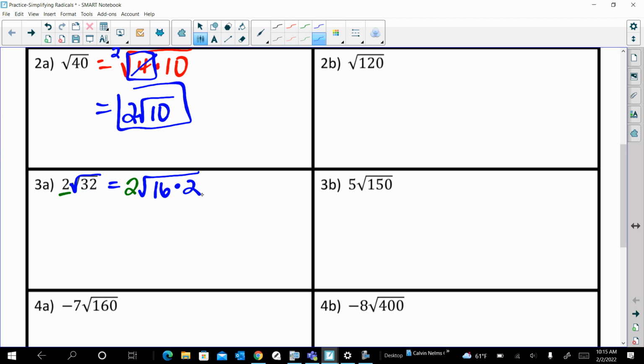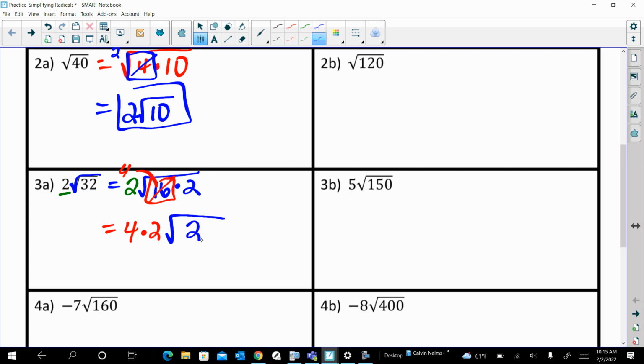Which number is the perfect square? 16. I'm going to box that number. I'm going to cross it out. And what's the square root of 16? 4. That means the 4 is going to come outside in front with the 2. So when I write it, I'm going to say 4 times the 2 that was in front of the radical and keep the 2 underneath. What's outside gets multiplied together.